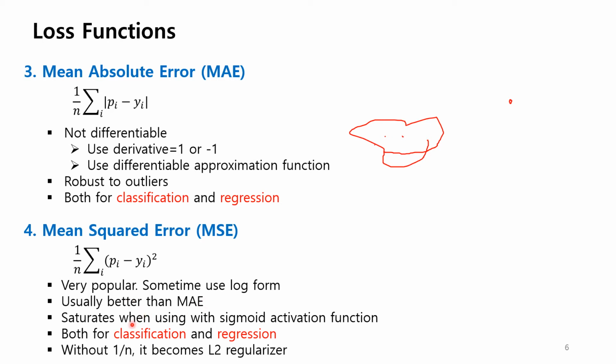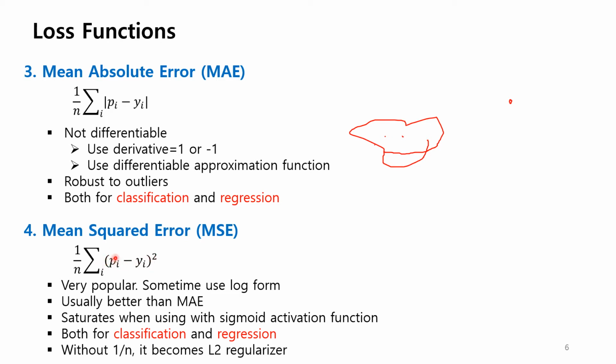But if you use MSE with sigmoid function, actually it saturates, okay? The reason is if you use a sigmoid, its value is between 0 and 1. That means these values are very small, between 0 and 1, and you scale them.